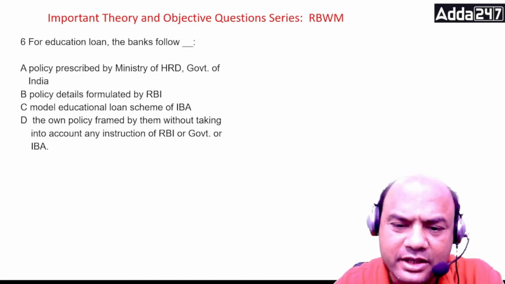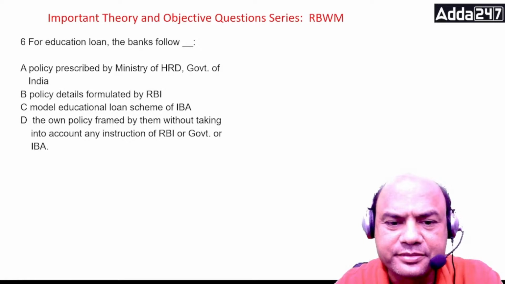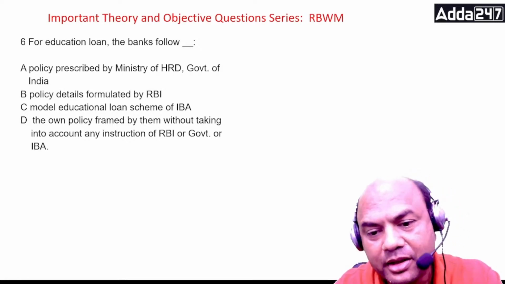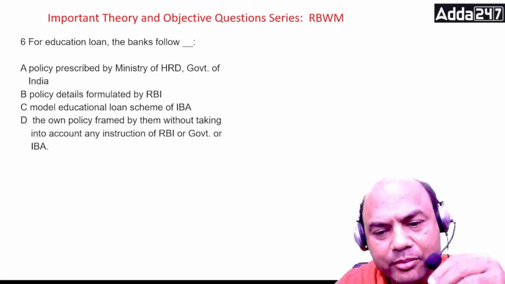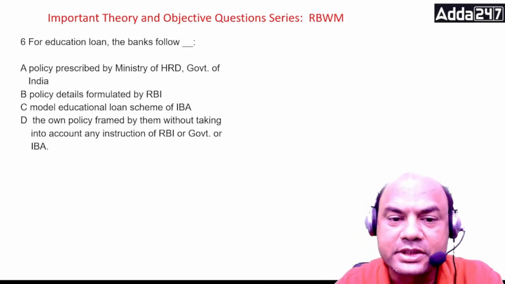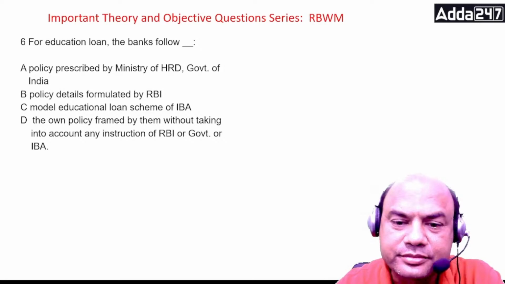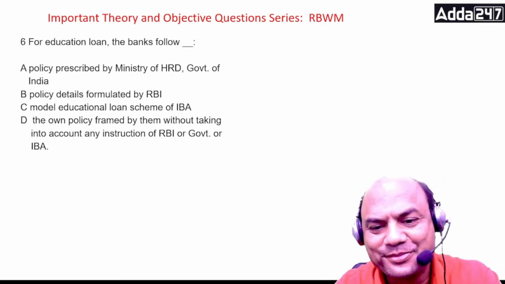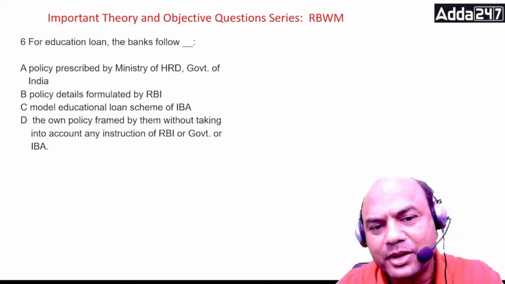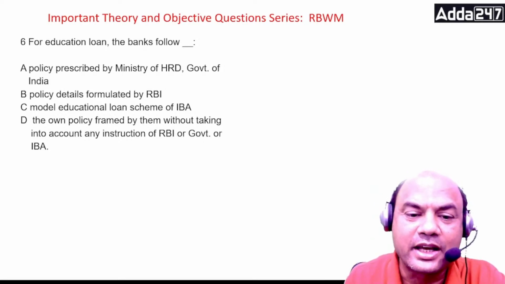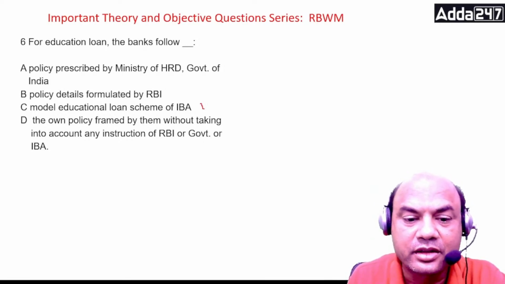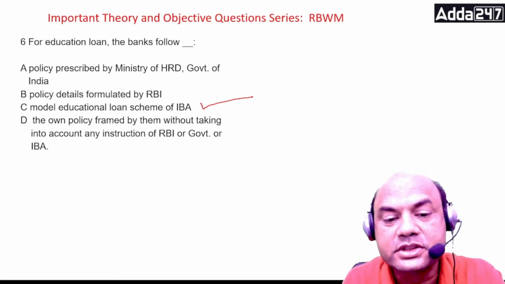Now you'll always get confused between B and C. RBI, IBA. In fact, 90% of you might have just now ticked B, RBI. But the answer is not RBI. Kindly note, the answer is IBA. Model Education Loan Scheme by IBA.